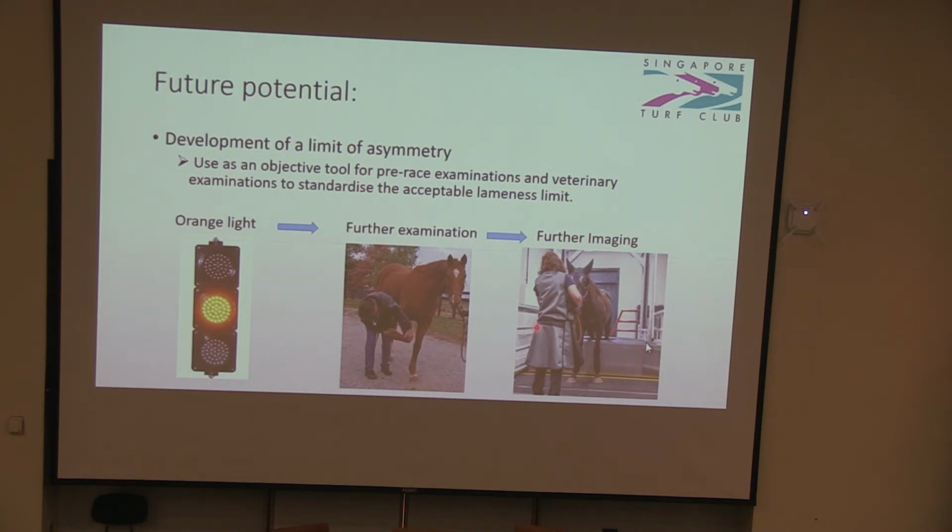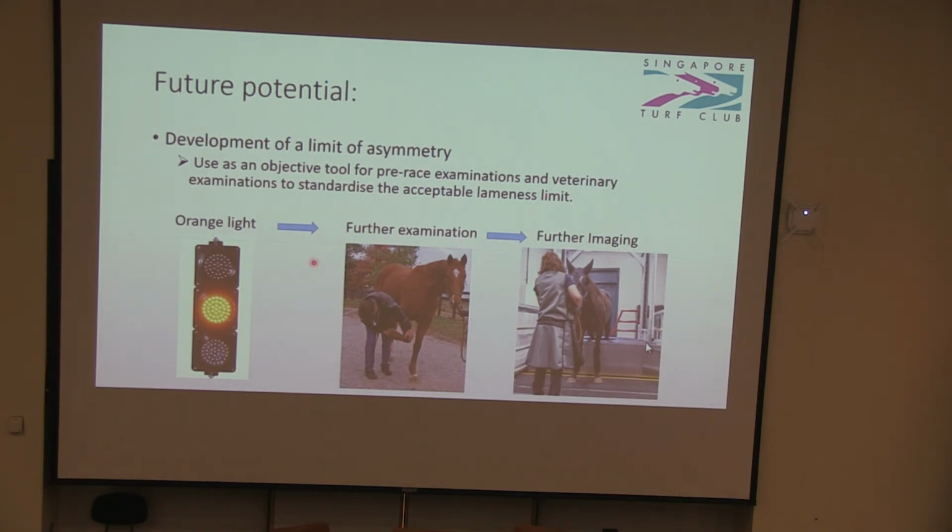So if the horses are below that level of asymmetry, and you examine the horse and he's shuffling along in front and there's obviously something wrong with him, then they require a further clinical examination, and if that further examination reveals something, they might either need further imaging or they're not allowed to race.